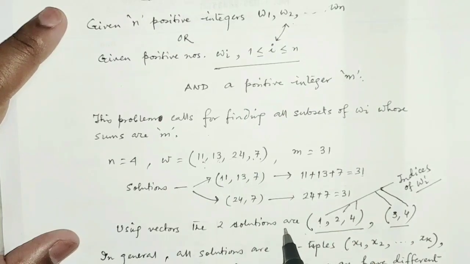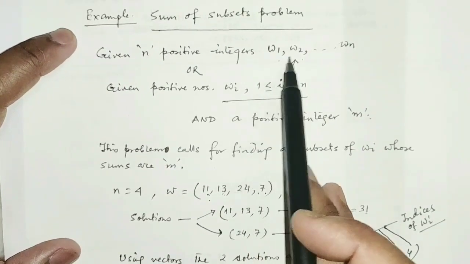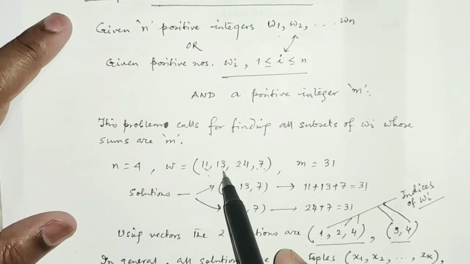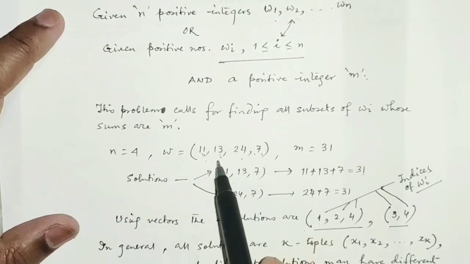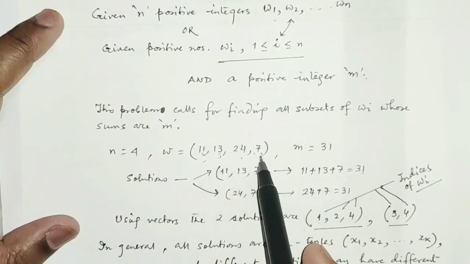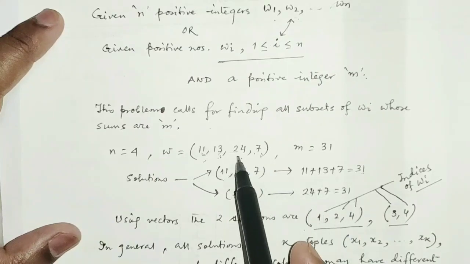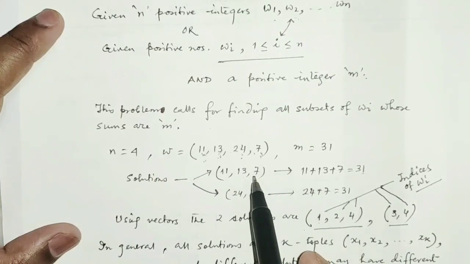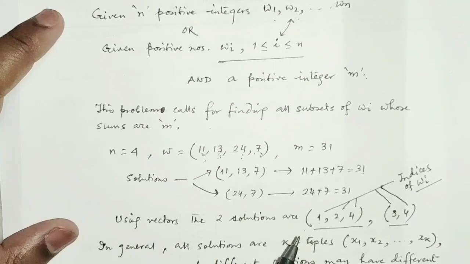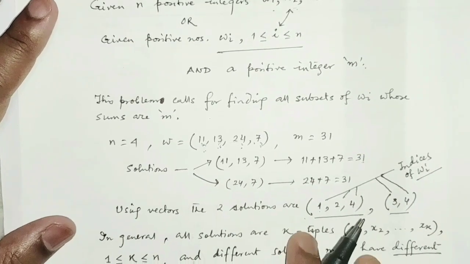That means the solutions are expressed as the indices of wi, that is w1, w2, w3, w4. So the solution is 1, 2 and 4 using the indices, and 3 and 4 is another solution, that is the third item and the fourth item. This is a way to express the solution.